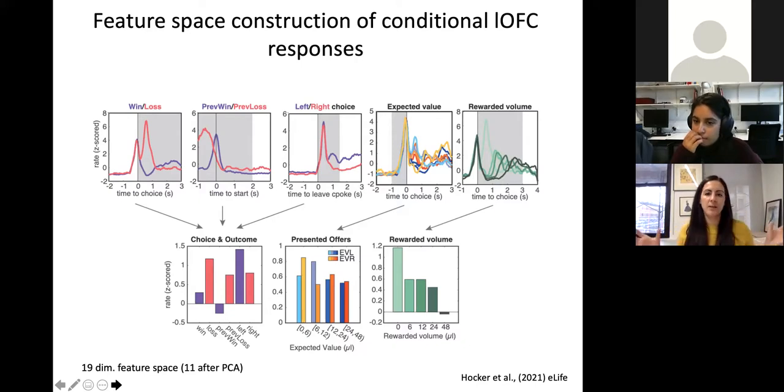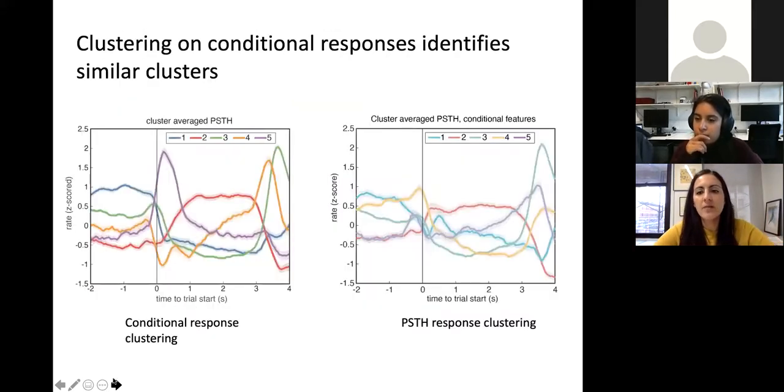This is a way of having a compact representation of how the neuron responds to these different task variables. And if you cluster on those conditional feature spaces, interestingly, we saw very similar results. Again, we identified 5 clusters that look qualitatively very similar to the clusters we obtained from just the average PSTHs across all trials.